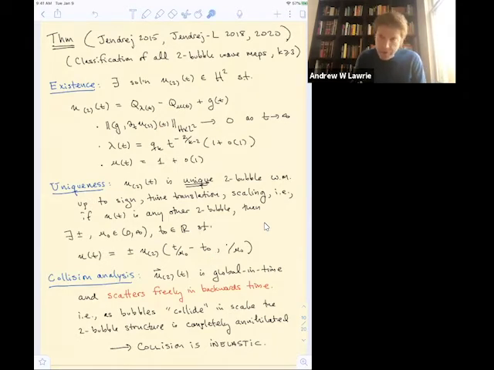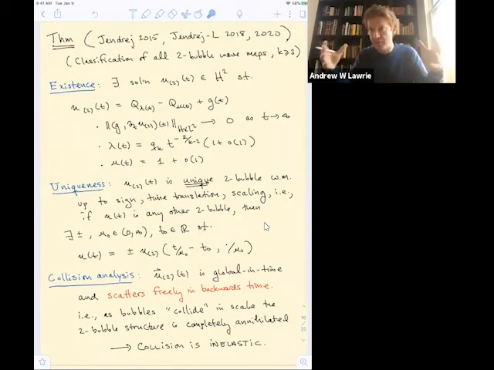And then moreover, you can ask what happens to this solution. This forms a two-bubble in forward time. You could also ask what happens in negative time. So in forward time, the bubbles are interacting. One of them is staying static and the other one's concentrating. You can think of the one as pushing the other one to concentrate. And in reverse time, the outside bubble is static and the inside bubble is expanding.